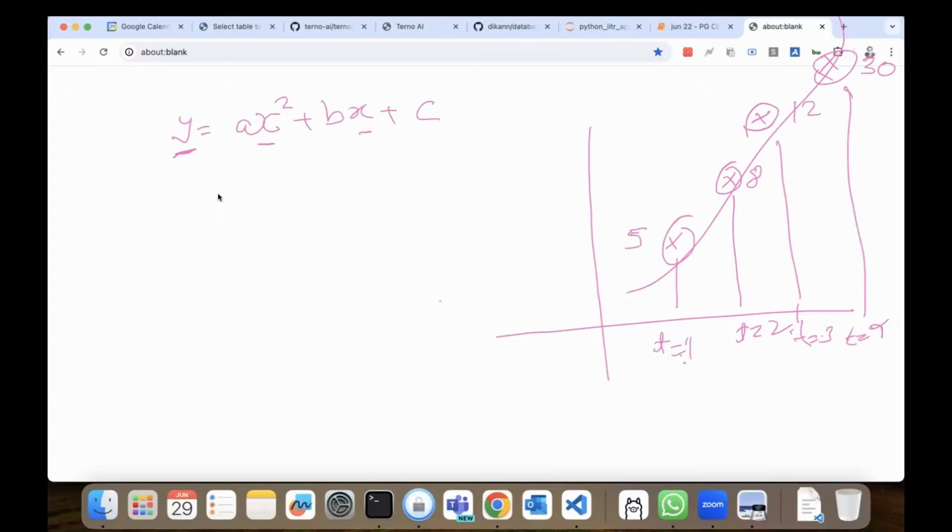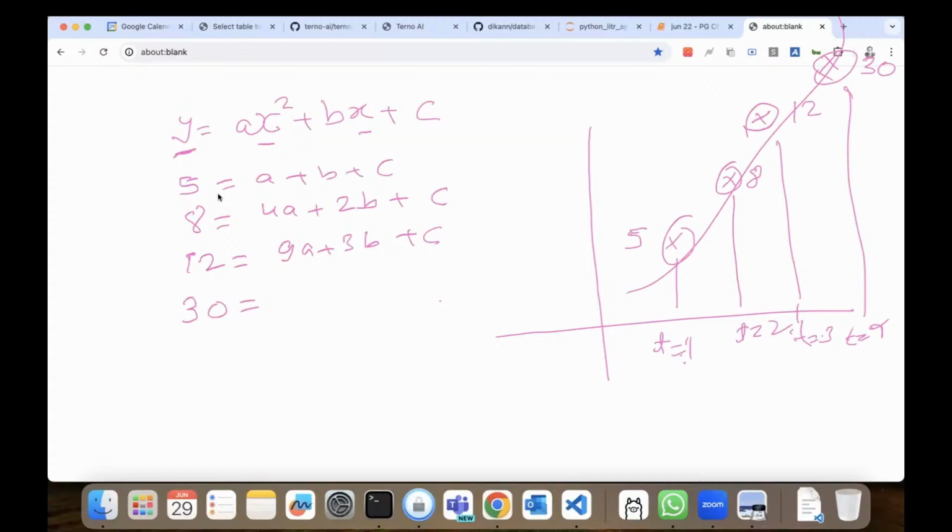So let's just put these values into this. We are given 5 equals a plus b plus c, and 8 equals 4a plus 2b plus c, and 12 equals 9a plus 3b plus c.